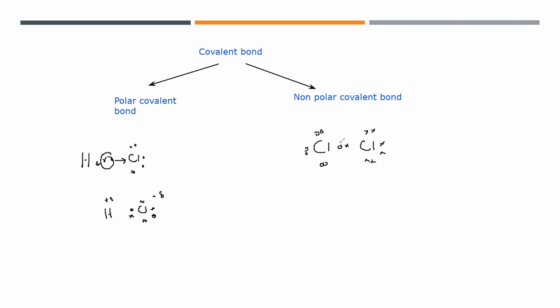Both chlorine atoms have the same tendency to pull the electron pair, so they cancel out each other's effect and the bond pair is uniformly distributed between the two chlorine atoms. A covalent bond is there, but with uniform distribution, so we call that a non-polar covalent bond.